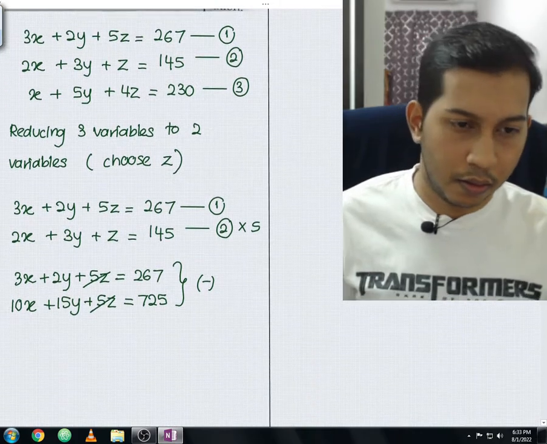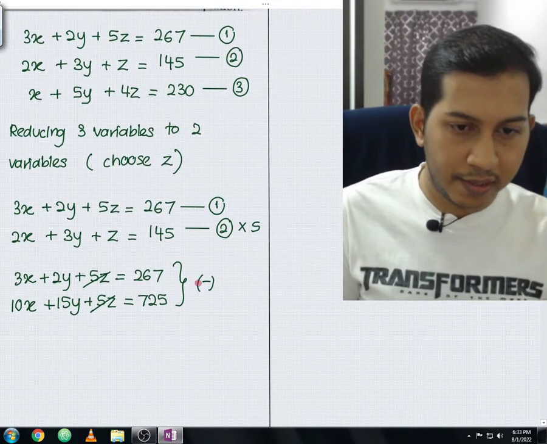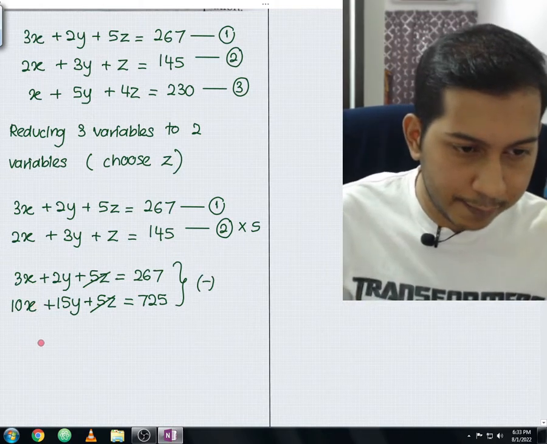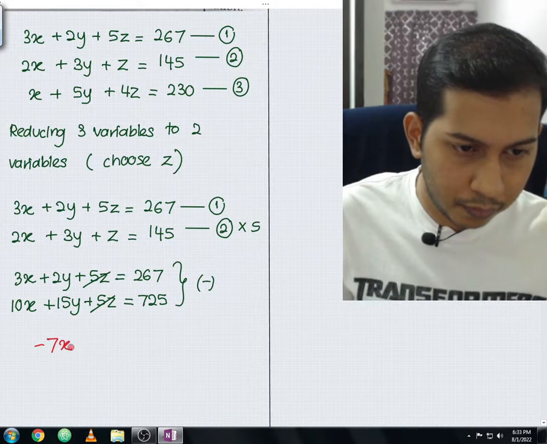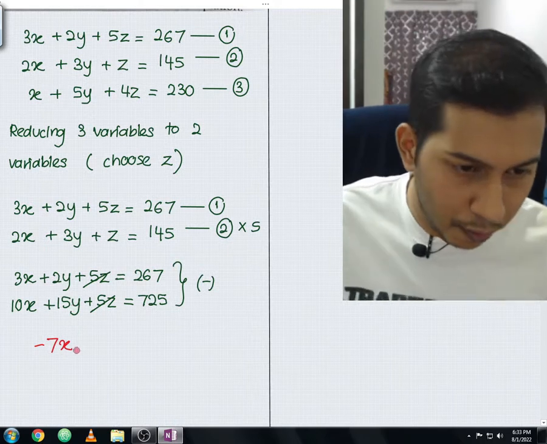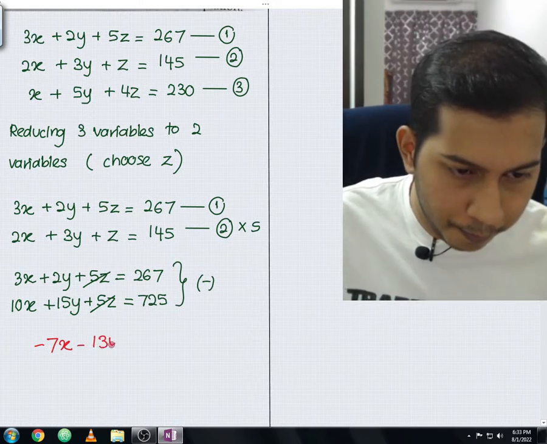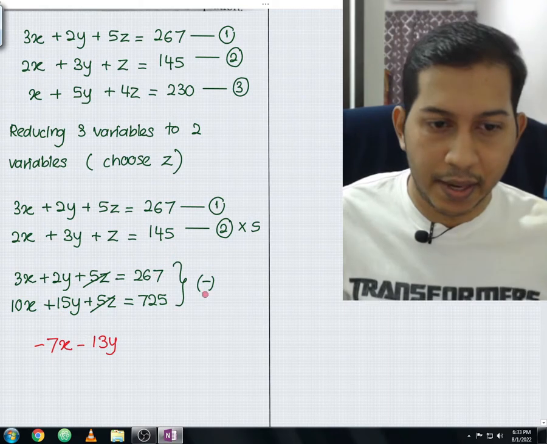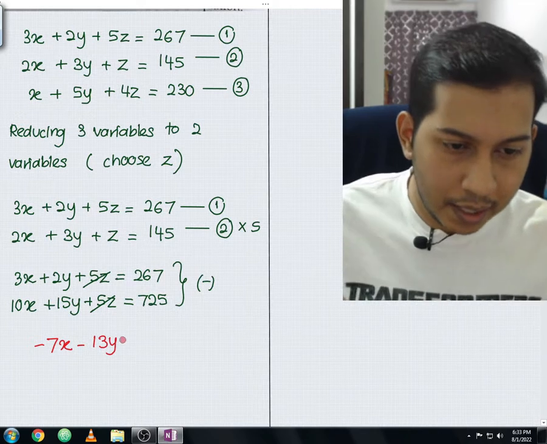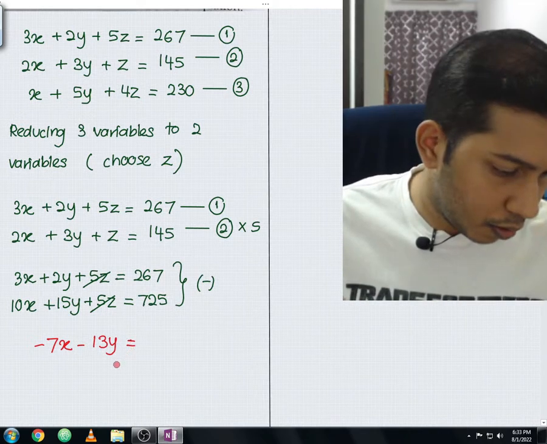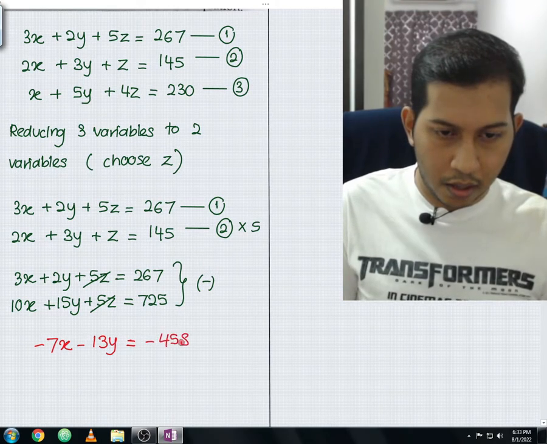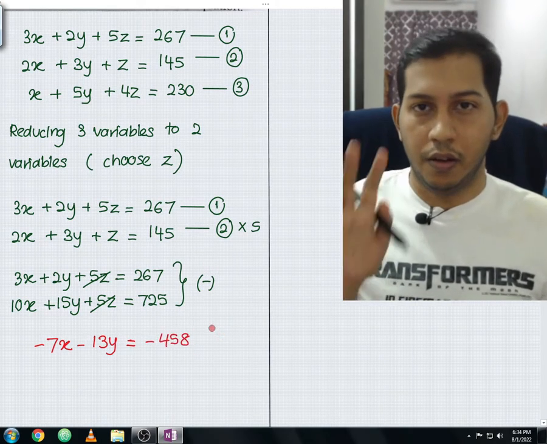So from here 3x minus 10x, you will get negative 7x. 2y minus 15y, you get negative 13y. 267 minus 725, so you subtract them, you should be getting negative 458. So this will be your fourth equation.